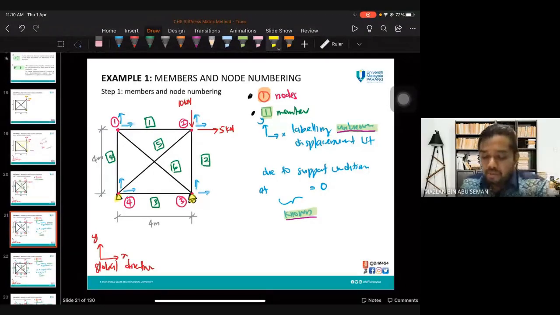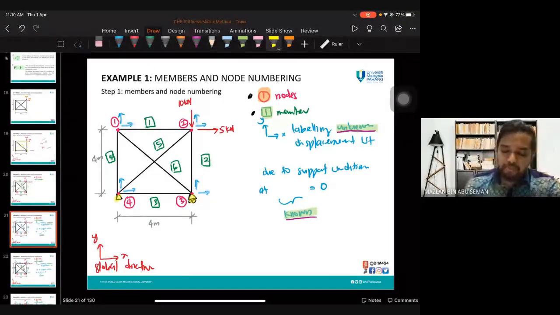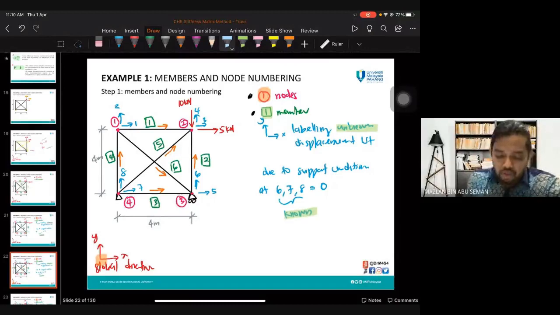For this one, you have to remember, we have to start labeling with the unknown displacements first. For unknowns, we start with the lower numbers. So we're going to have displacement at node 1, node 2. However, for node 3, we have displacement in X, so we cannot start with node 3. We start with node 1.